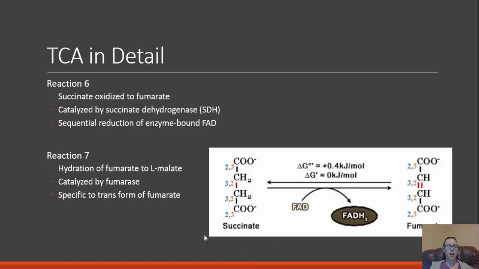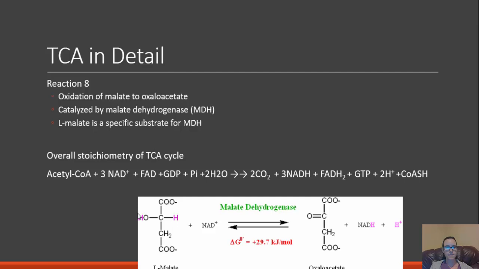Then in reaction 7, there's no figure here, but we have the hydration of fumarate to L-malate through the enzyme fumarase. In reaction 9, we have oxidation of malate to oxaloacetate, which again is an energy-producing reaction via this dehydrogenase, malate dehydrogenase enzyme.